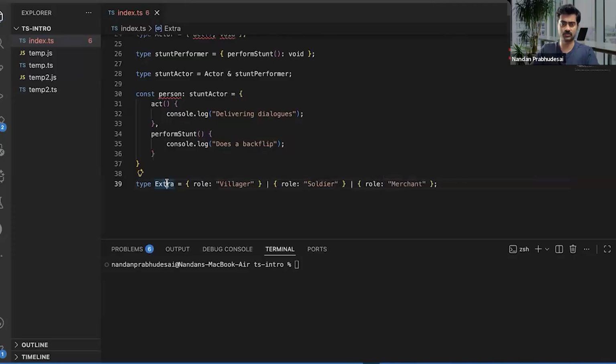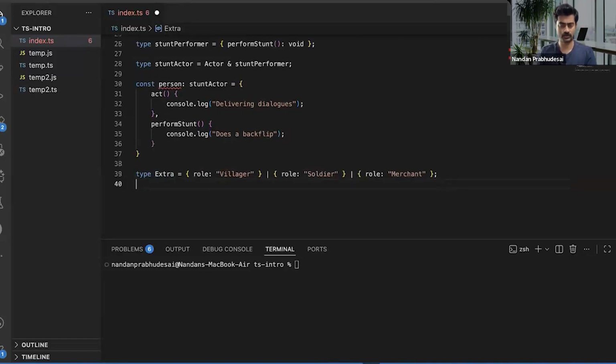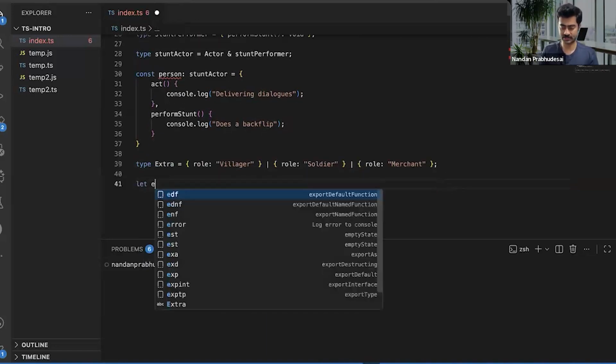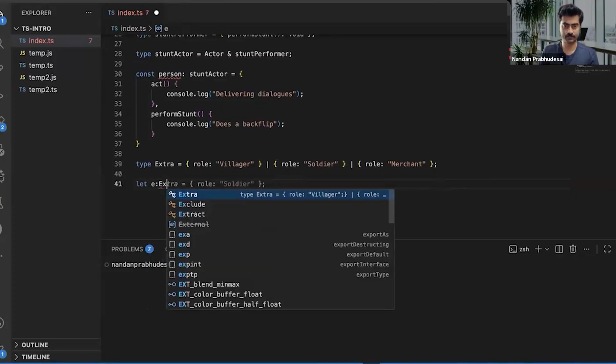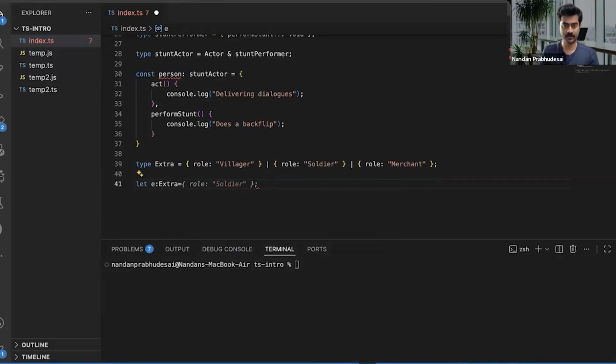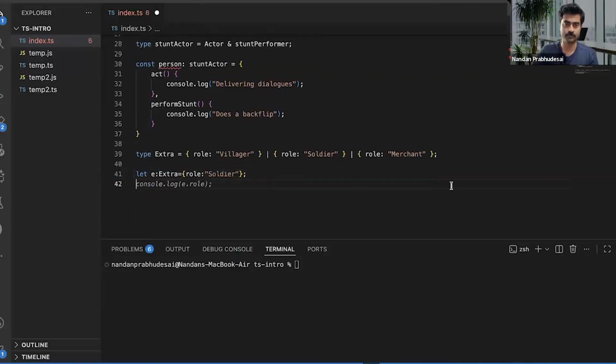I've defined my extras over here. That is, either they play a role of a villager or of a soldier or of a merchant over here. Now let me also define a variable as e, that is of type extra, and I will define the role as soldier.